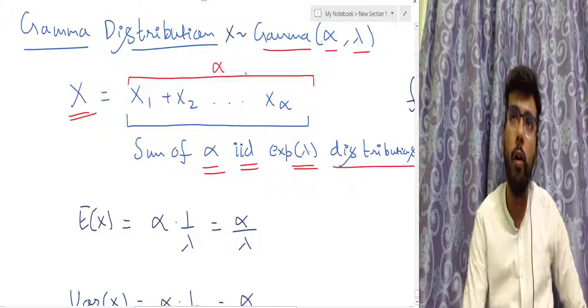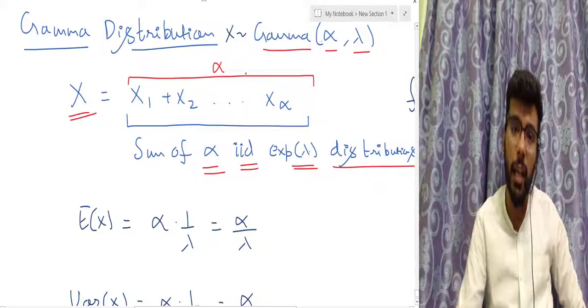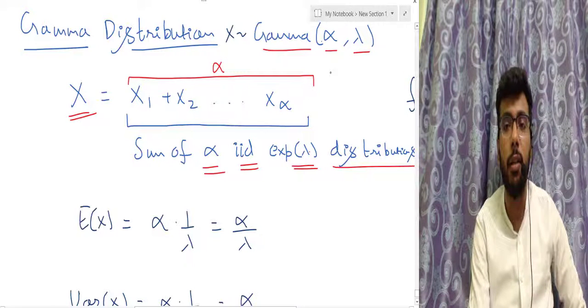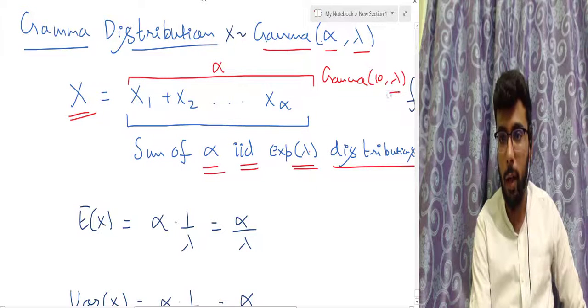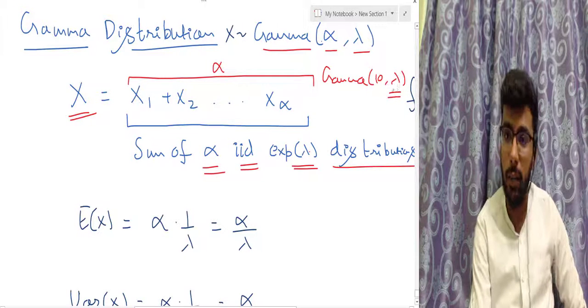Now if you are waiting for 10 such buses, the total waiting time for 10 such buses will have a gamma 10 comma lambda distribution if the buses are coming at a rate of lambda. This is basically a sum of 10 exponential lambda distributions.